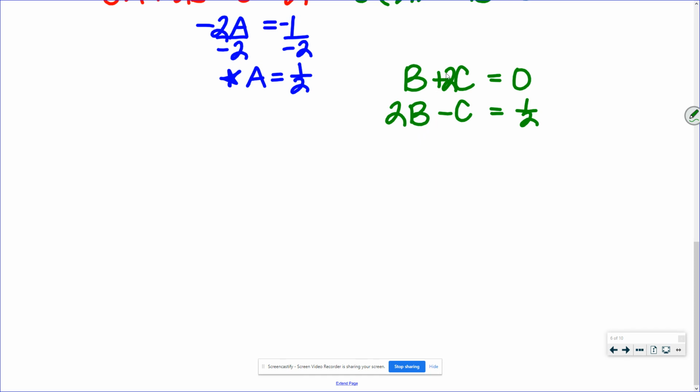So from here, you can either do elimination to solve the system, or you can set up a substitution problem, which is probably what I'm going to do. I'm going to solve for b and say b is equal to negative 2c, and I'm going to sub that in to the problem.